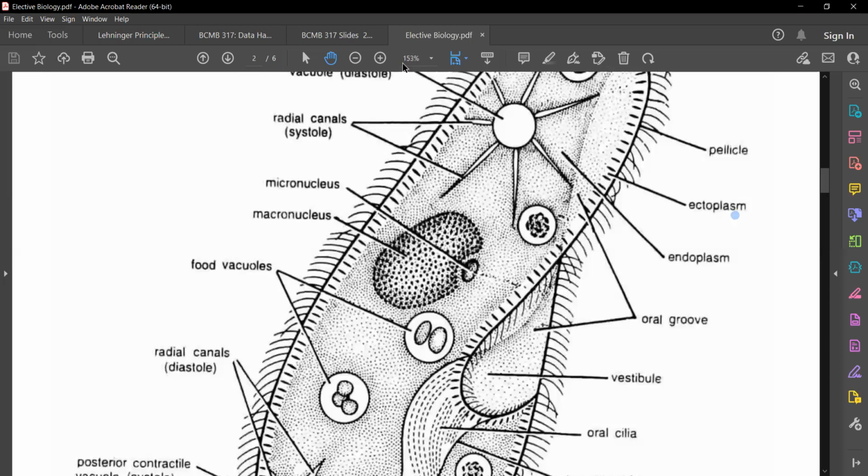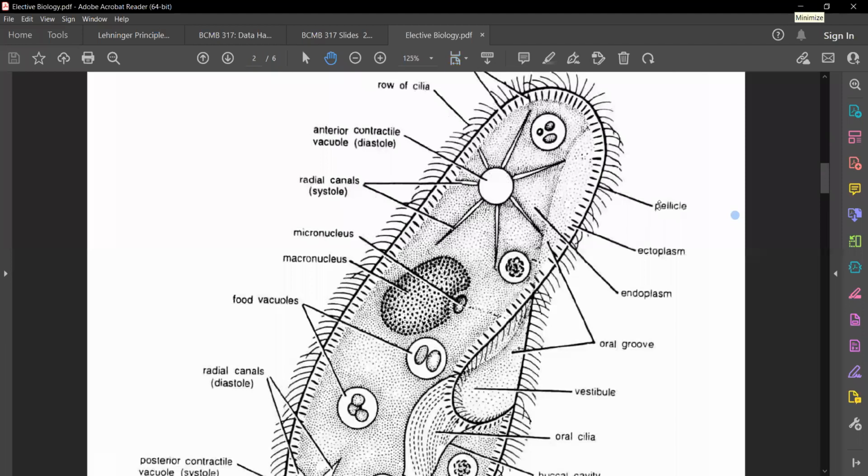You can just raise your hand and mention one part that you think will play a vital role in the nutrition of the Paramecia. Oh, guys, no one is saying anything. Anybody? Just mention one part. Doesn't matter if you are wrong or right.